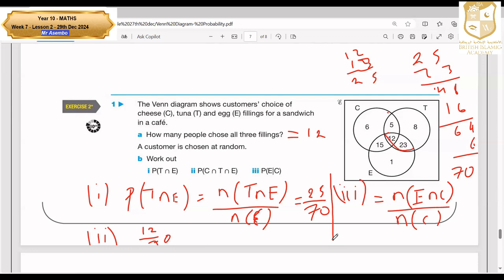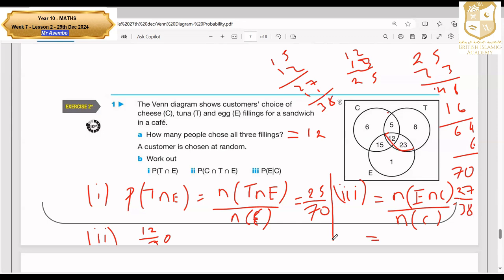So the intersection of E and C will be 15 plus 12, which gives us 27. So it's going to be 27 out of the cardinality of C, that will be 27 plus 11, which gives us 38. So 27 out of 38.